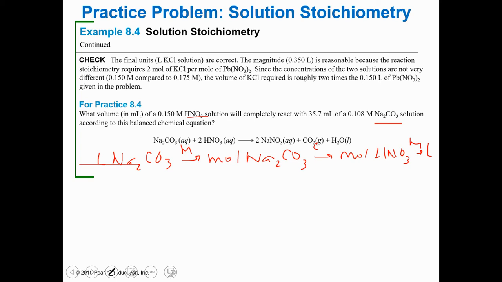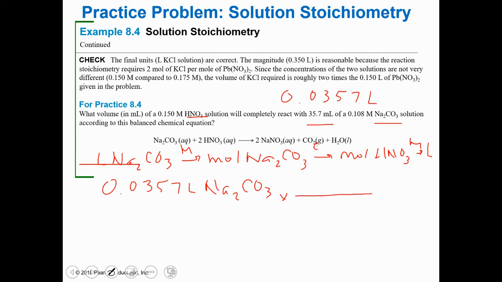Molarity is moles per liter, so this needs to be in liters. That's 0.0357 liters. The first thing I do is take liters of my sodium carbonate and multiply it by the molarity to give me moles of sodium carbonate.